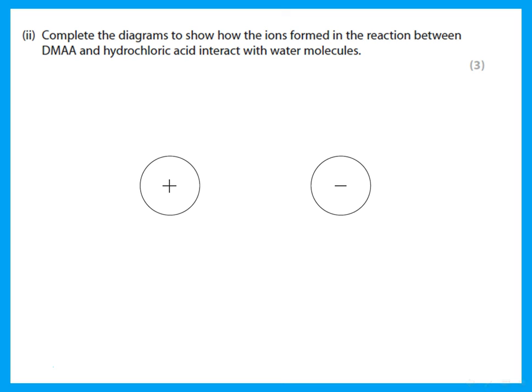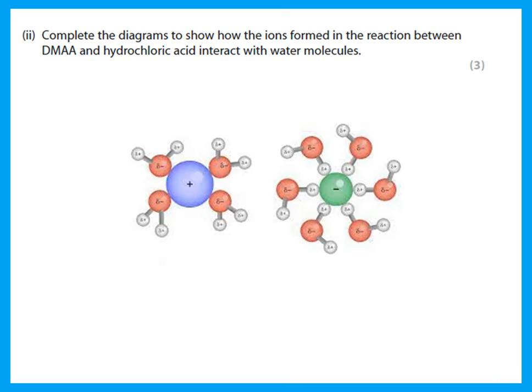Okay, complete the diagrams to show how the ions formed in the reaction between this and hydrochloric acid interact with water molecules. Remember, here we have positive and negative ions. We're going to surround them by the water molecules. Remember that the water has 2 ends.